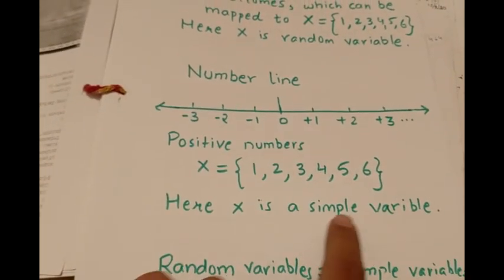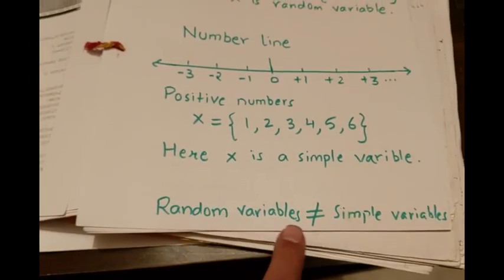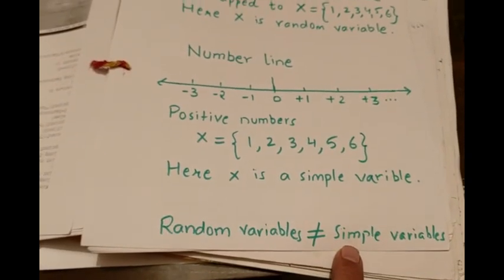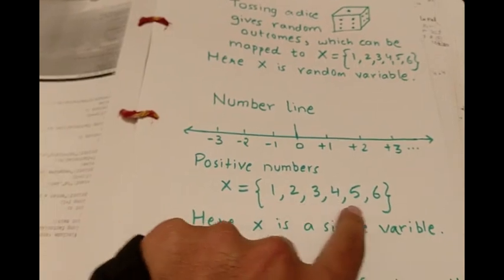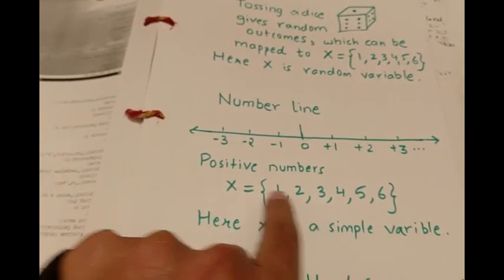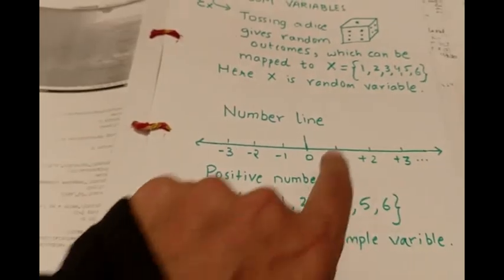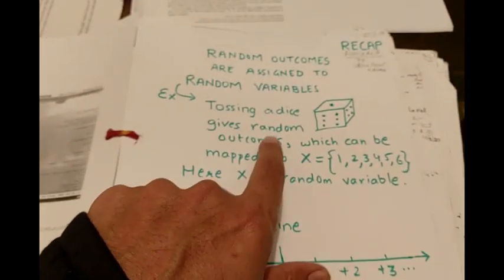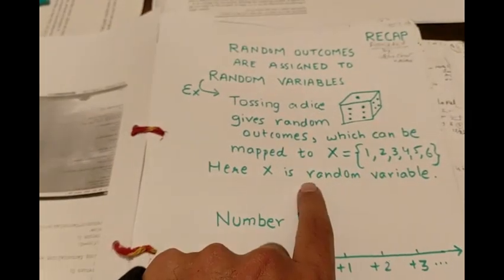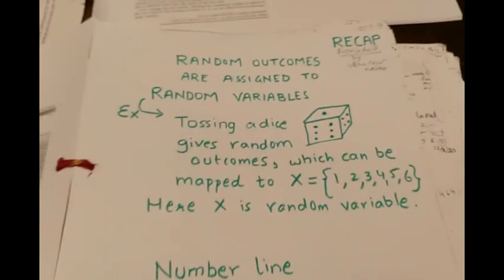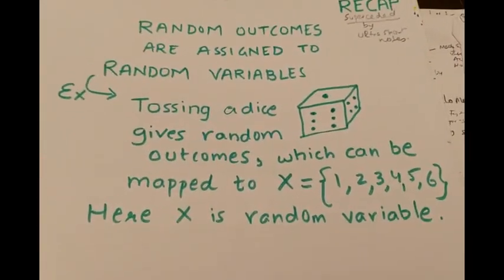So this is just a simple variable. So random variables are not equal to simple variables. Simple variables are just values assigned to a variable, just picking up values, and the values that are the outcome of an experiment are random variables. So hope I made sense.